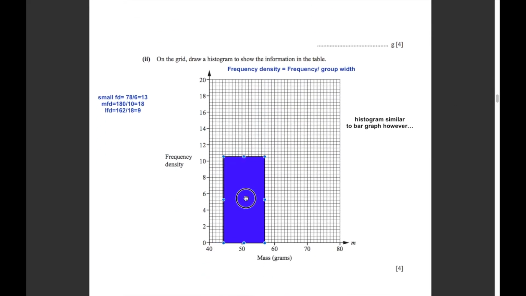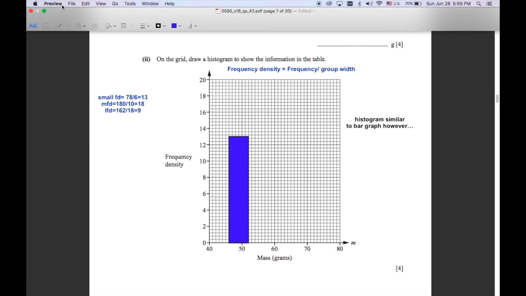So go to 46 to 52. And the height is 13, so go up to 13. Okay, so that's the small.